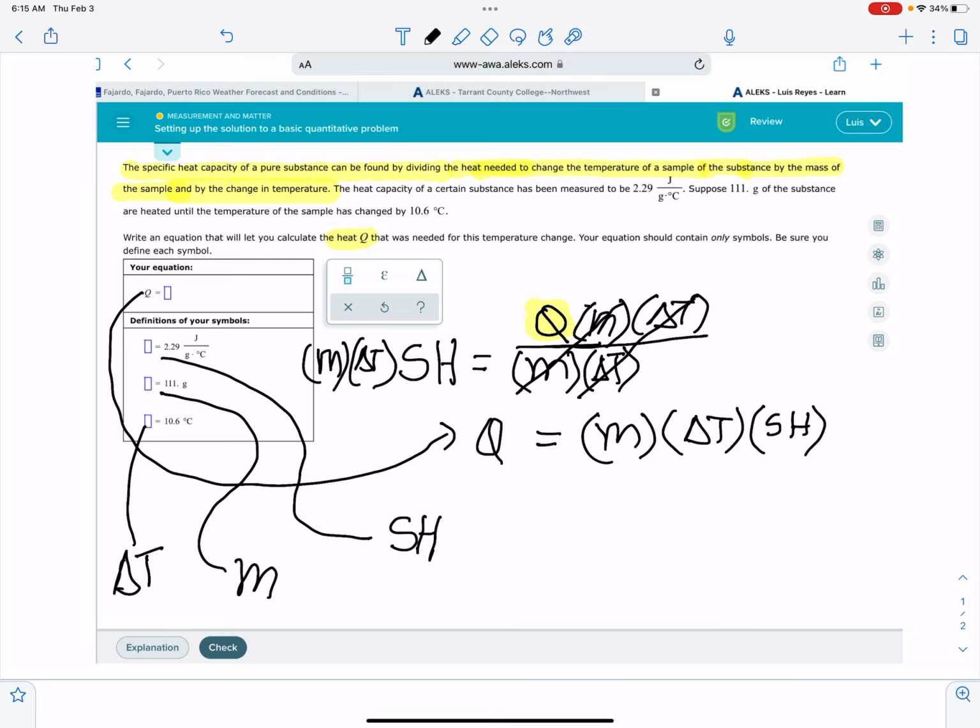So that will be your answer. Your first one is going to be Q isolated. Your second one is going to be whatever symbol you decide to use for the specific heat, the same with the mass, the same with the change in temperature. So that's how you approach these problems.